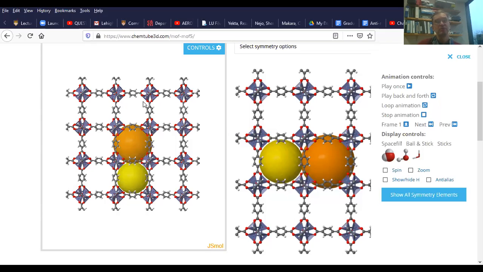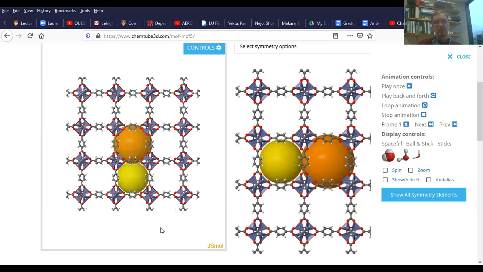Because of that feature of metal organic frameworks, these metal organic frameworks have exceptionally high surface area, so that MOF5 has a surface area of approximately 2,900 square meters per gram. So it's actually several football fields of internal surface area here within 1 gram of material.